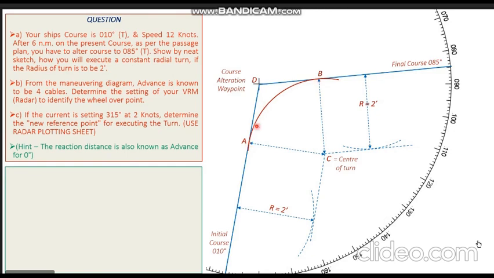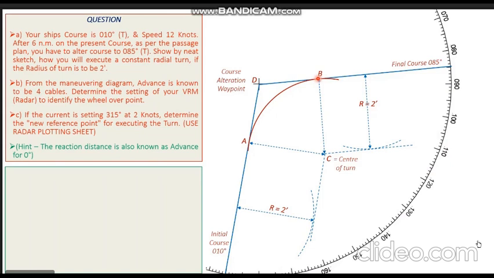The arc Alpha to Bravo basically represents the curved path which the ship will be following when it is altering its course from 010, that is my initial course, to 085, that is my final course.